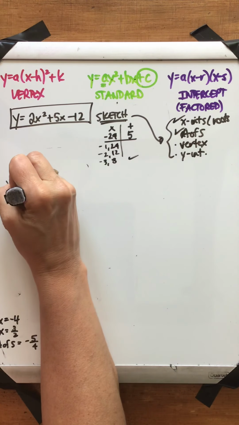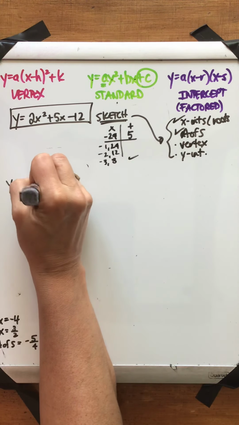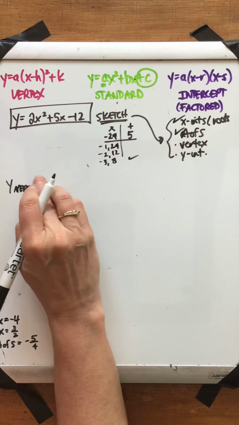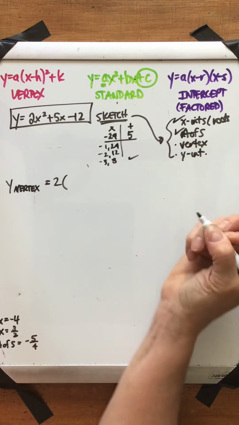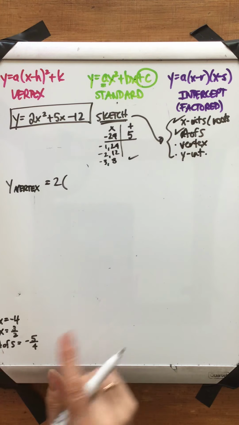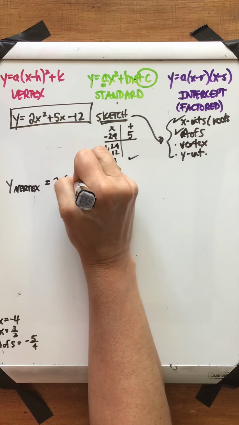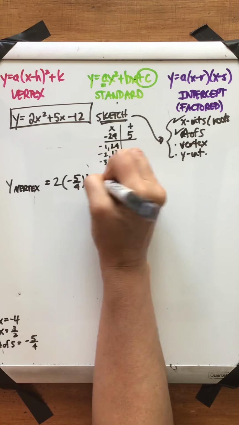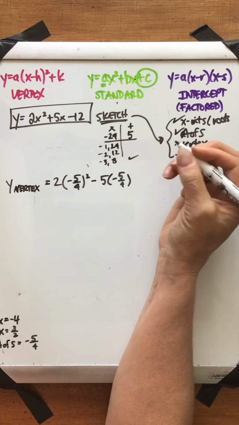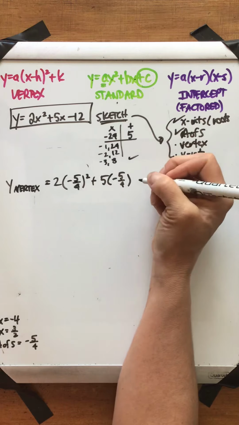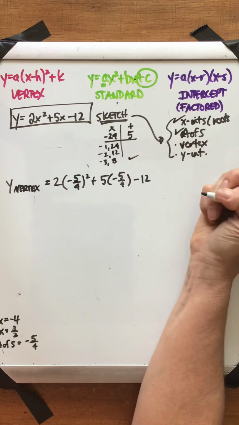Y for the vertex, whoops, let's try that again, is equal to 2 times the x value for the axis of symmetry, which is negative 5/4, quantity squared, plus 5 times negative 5/4, minus 12.